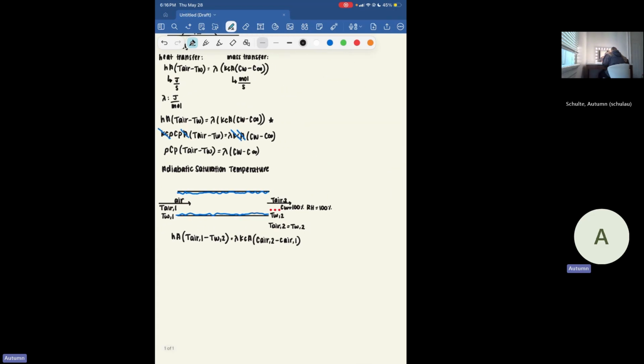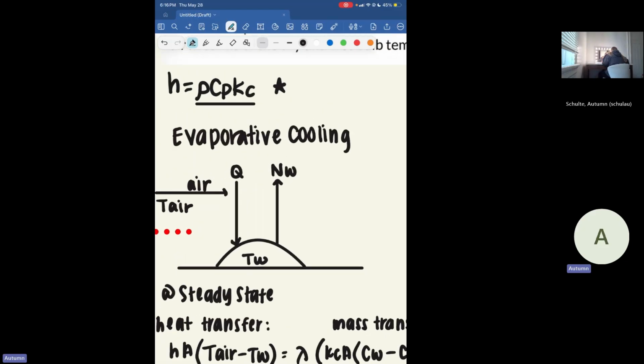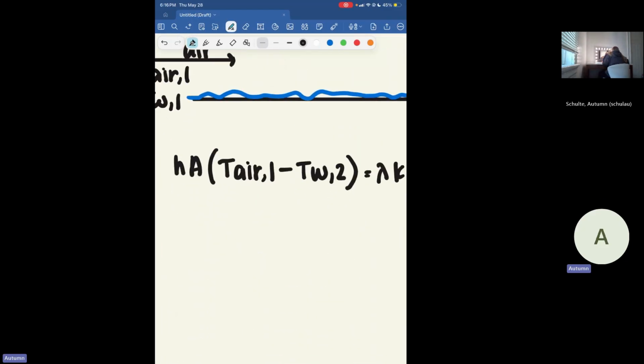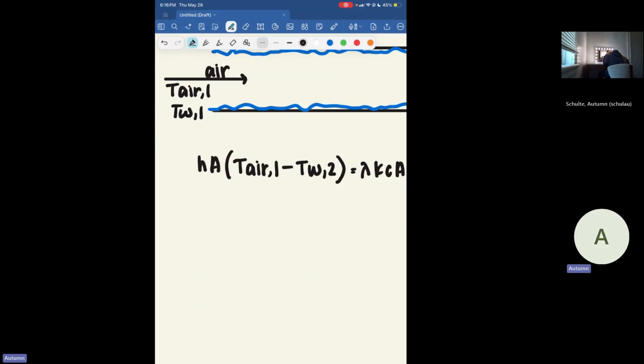Just like we did before, we can sub in for H, which is rho Cp K sub C. So this is going to be our mass transfer coefficient multiplied by the density, multiplied by the heat capacity, multiplied by our area, the air temperature going in minus the water temperature leaving.